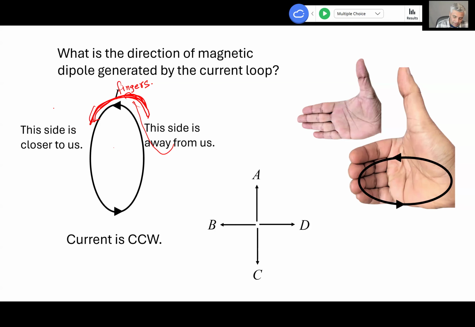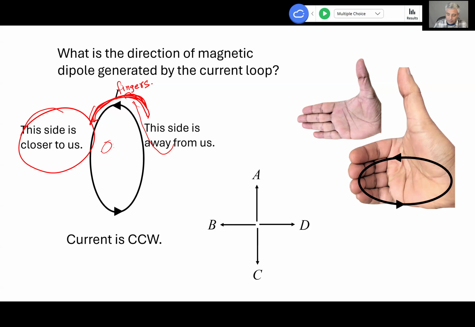So see, this side of the coil is closer to us. If I bring it back, it's drawn something like this, and this side is closer to us, and that could also be confusing in this case. Maybe I shouldn't give you the coil like that.